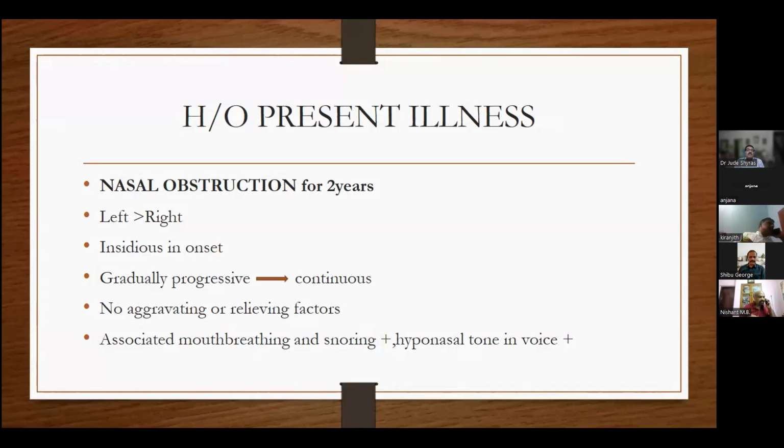No aggravating factors, no relieving factors. Now you have written left-sided and right-sided. Agreed. Now, sir, is there any condition where there is unilateral nasal obstruction that would turn bilateral?